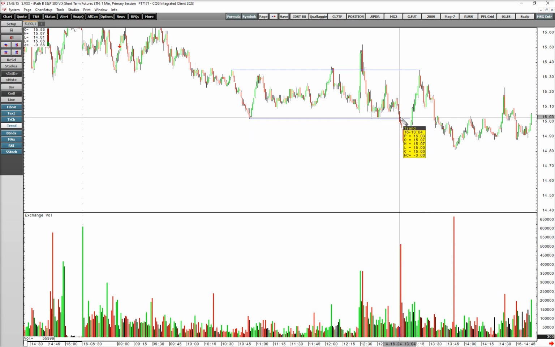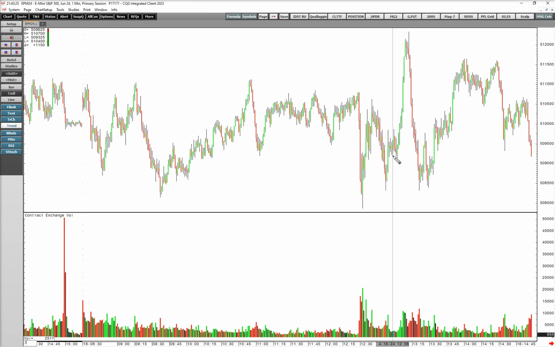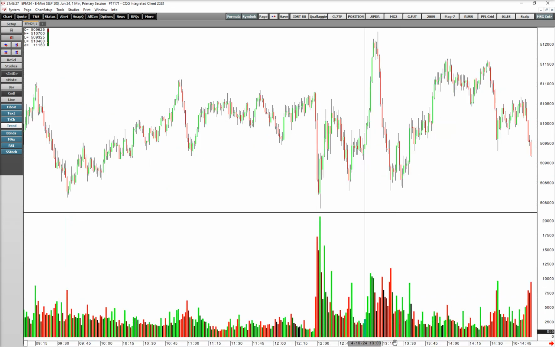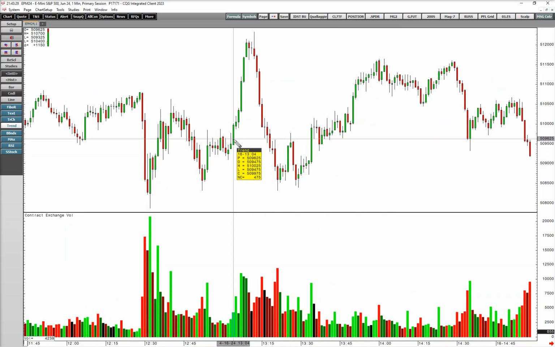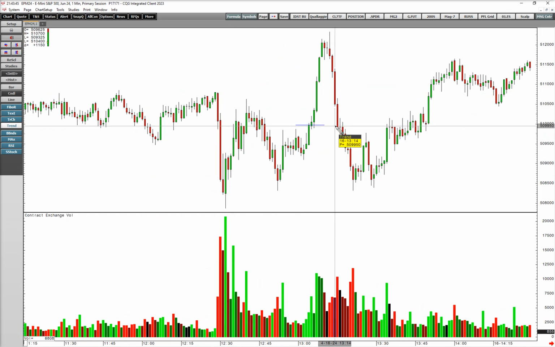And here at 1304 is when it broke. So if we go back and look at the S&P, the 1304 bar was right here. When that bar closed below 1502, this bar closed just under 5100, and you got another 23-point rally out of it. So it is helpful to have these multiple indicators.